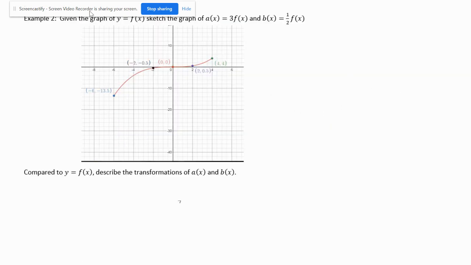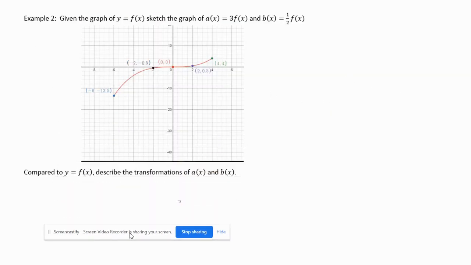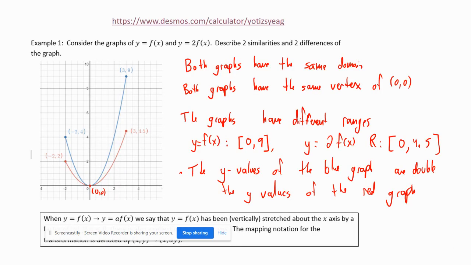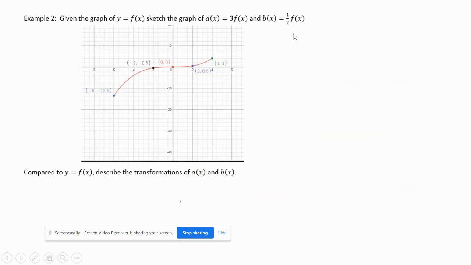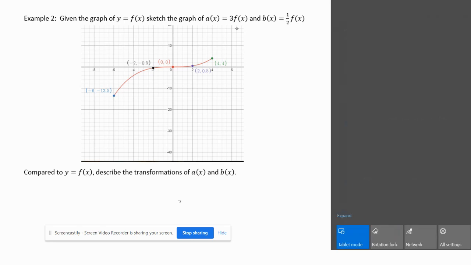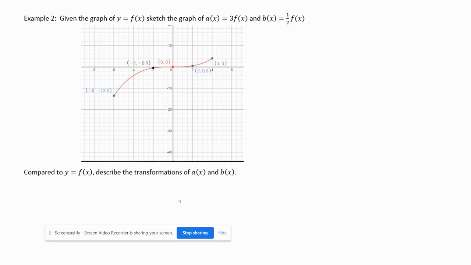Okay, so given our graph of y equals f of x, we're going to scratch a of x, which is y equals 3 f of x. So this guy over here, what's this 3 do? Let's get our good proper terminology here.